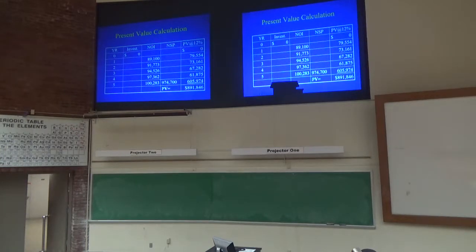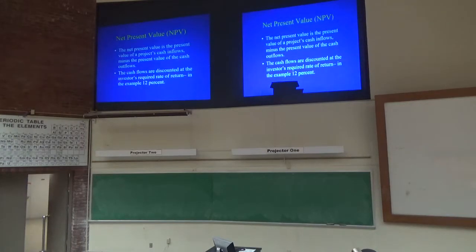If the property is selling for $800,000 and I think the value is $892,000, I'm going to buy the property because I'm valuing it at $892,000 and they're selling it at $800,000. My value is higher than the current price. I'm going to buy the property, and I'm going to get a higher than 12% rate of return. So that's the discounted cash flow approach.